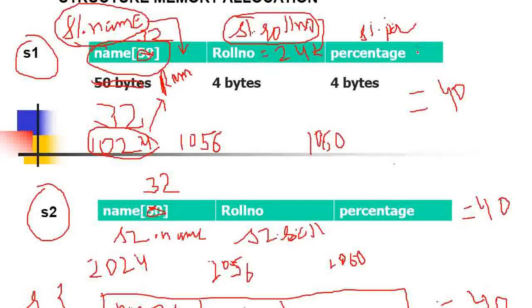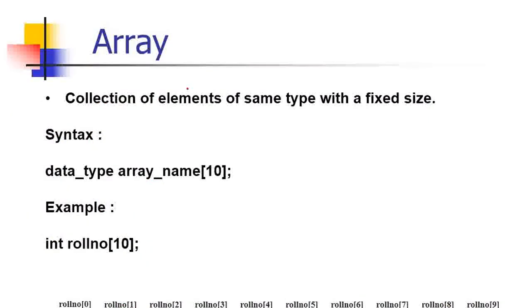Same way, let's say you have 54%, then this is s1 dot percentage. Dot is the access operator. Here I am trying to explain to you that this dot is the access operator. It is used to access the member variable by the structure variable.